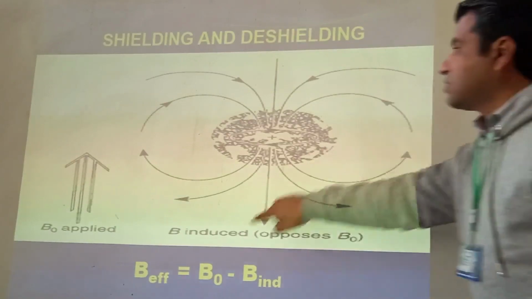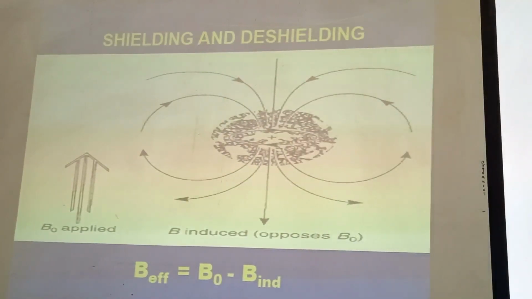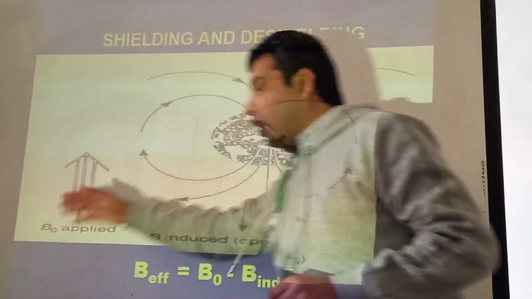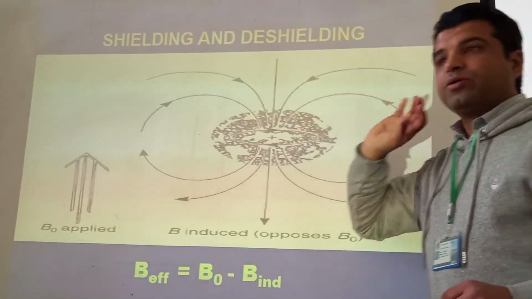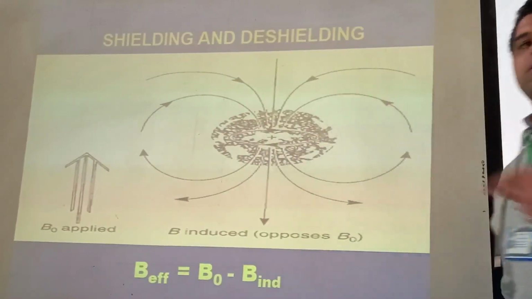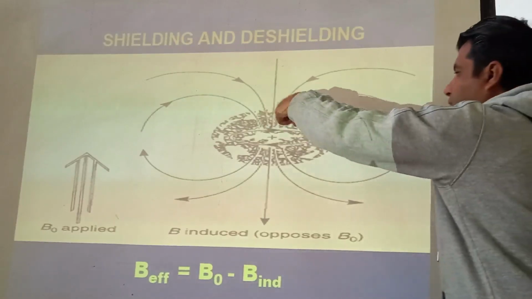And these lines are the lines of the magnetic field that are generated because of this electron density that is present around the nucleus. So we have the applied magnetic field pointing upwards again. We have the nucleus here. Because of this magnetic field, the electron density is made to circulate in a particular direction, which you can see from this circle here.